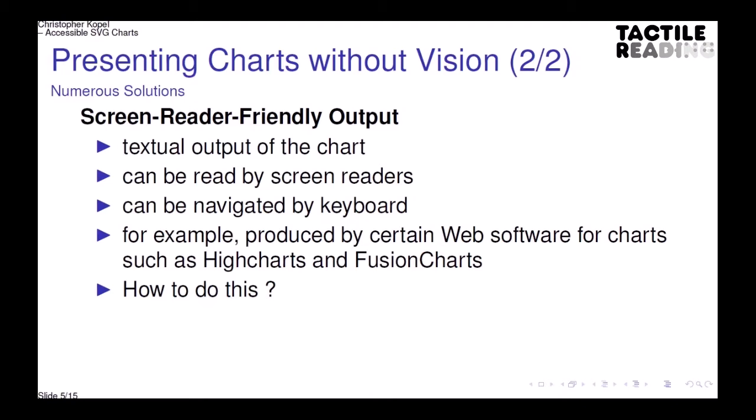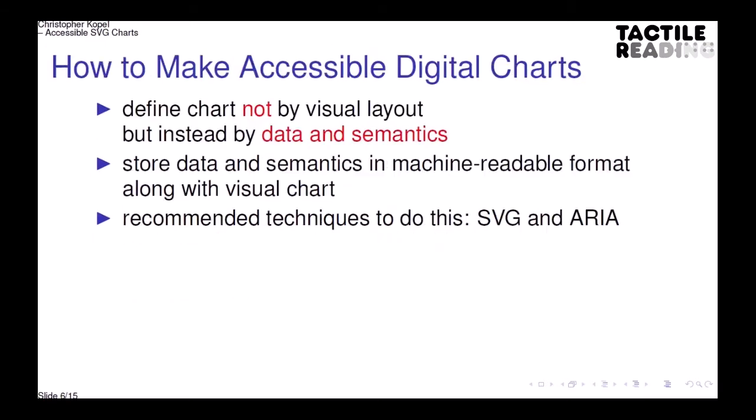When they are used to produce charts, these charts have some features so that they can be read by blind users, by screen reader users. So how can this be done? How can a chart be prepared in such a way? The basic idea, the trick behind this, is to define a chart by its semantics and its data rather than its mere visual appearance.